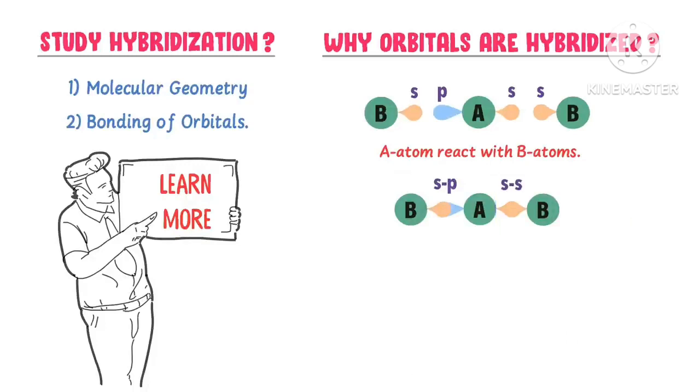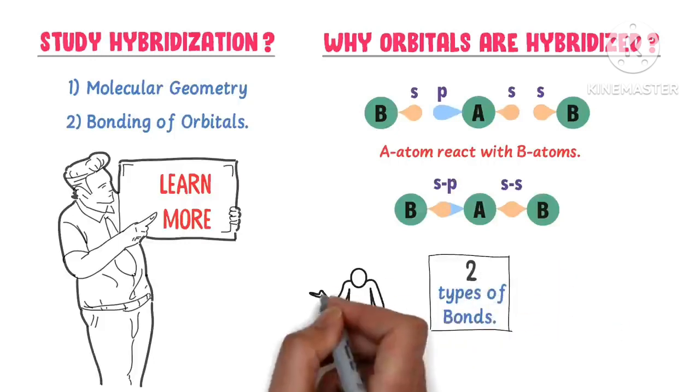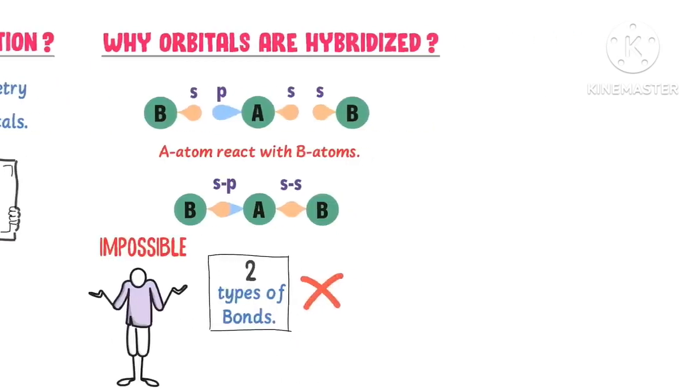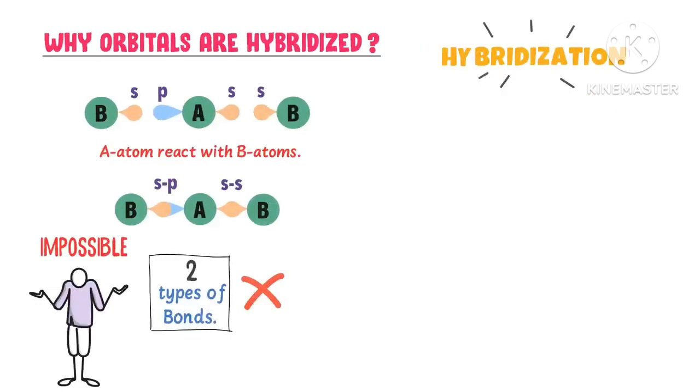We can see that ss bond is totally different from sp bond. It means that A atom forms two types of bonds with the same atom of B, which is impossible, not understandable and 100% wrong. Thus, to solve this issue, we look at the hybridization of atomic orbitals or mixture of atomic orbitals. Now, s orbital and p orbital would combine together to form two hybrid orbitals known as sp orbitals.